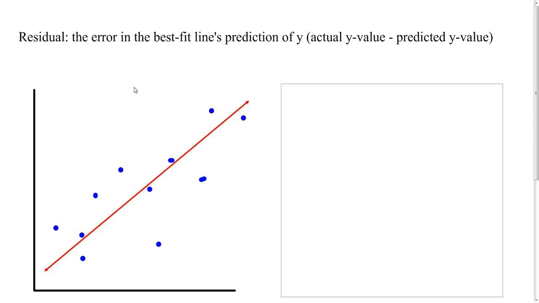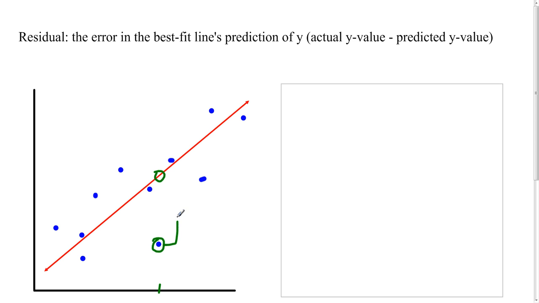Now we're going to get into the details about the distance away. That's actually called a residual. A residual is the error in the best fit line prediction of y. So you take the actual y value. Let's go ahead and pick a point here. Let's use this one here and say, okay, this is the actual y value, but given this x, whatever x this is, our best fit line predicted that we're going to have a point around here.